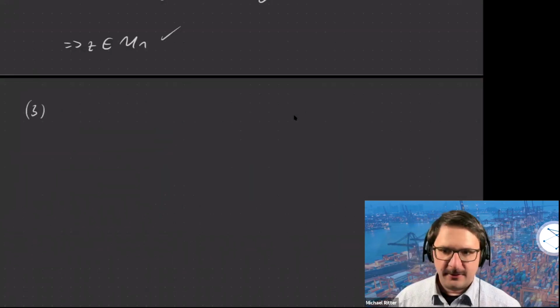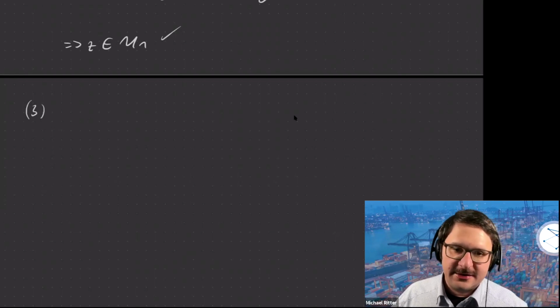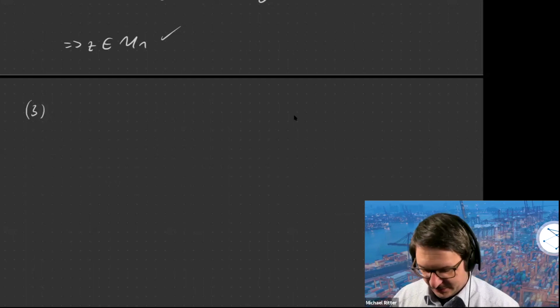And let's move on to part 3, which is almost the same thing. We now need to show that for any vector in U1, any lambda times that vector is also contained in U1.